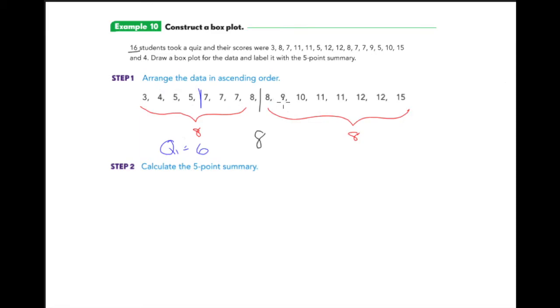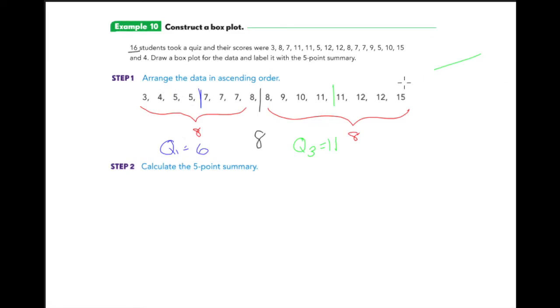And then on our upper set of data, our 4th number and 5th number, it would be between 11 and 11. The average of that is 11. So quartile 3 is 11.